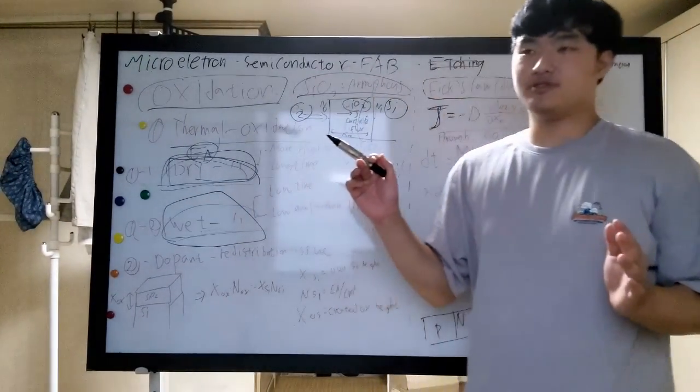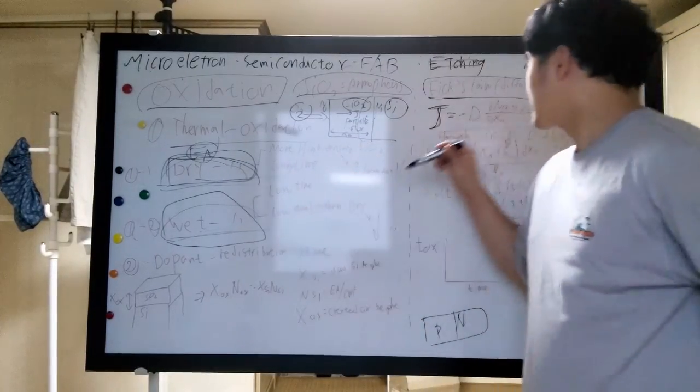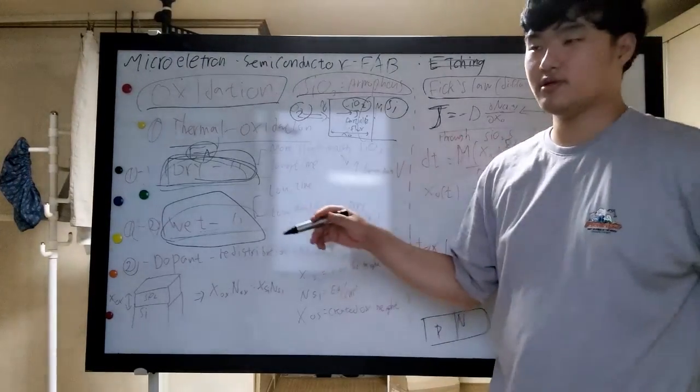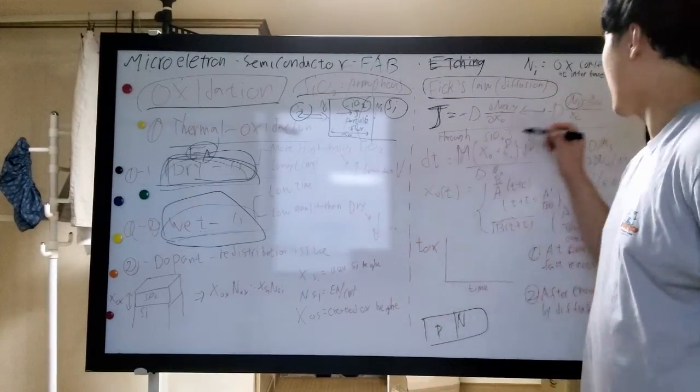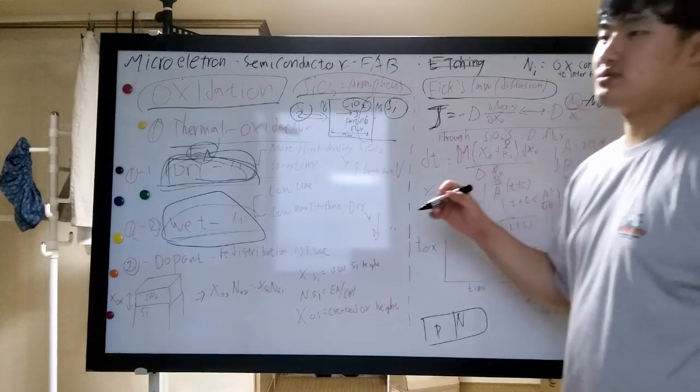subtracting the interface oxide concentration from the concentration being injected at the surface of the dioxide.